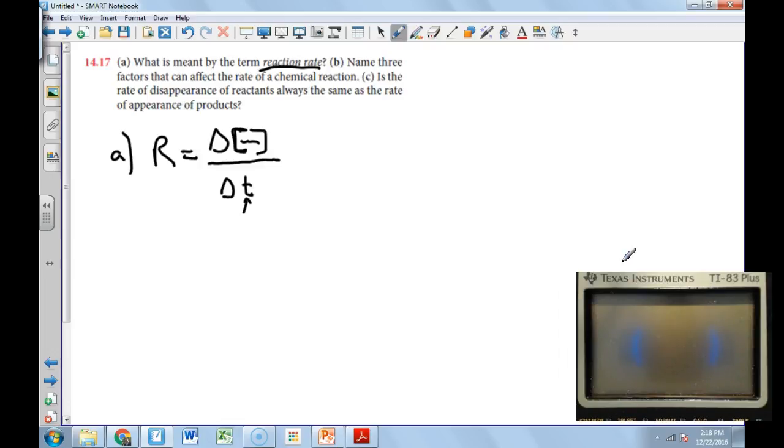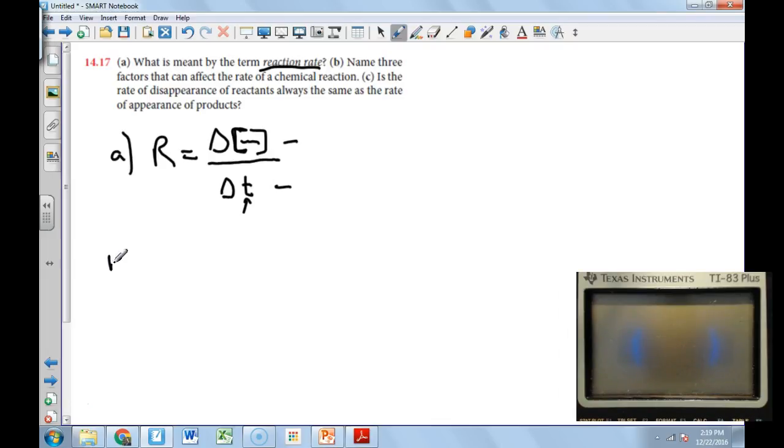If I was going to be very specific and not vague about what a rate is, the reaction rate is the relationship between the change in concentration over time of the reactants or the products in that reaction.